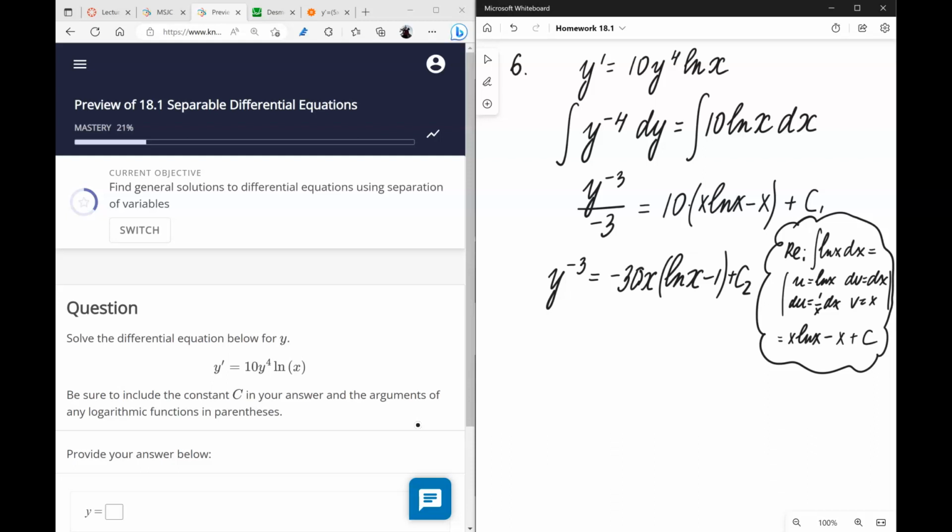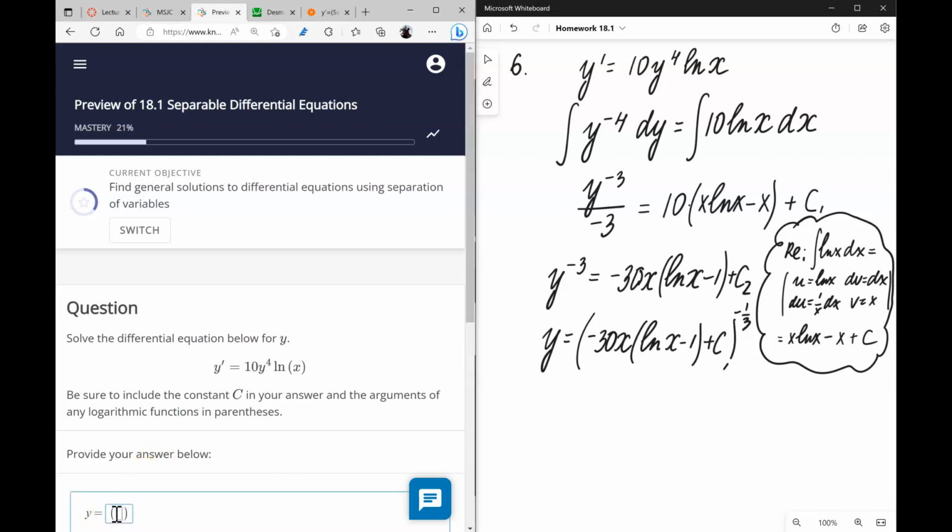And then the next thing we do, we raise everything to the power negative 1/3. And because this is the last step, this C2 becomes our constant. And that's the answer.